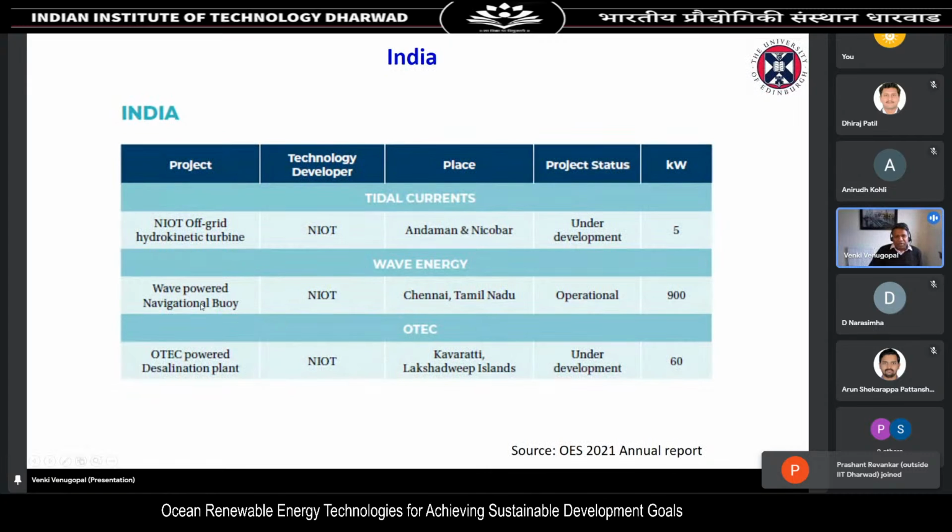NIOT has also developed a technology for wave energy, and they say this is operational. And I witnessed the wave-powered desalination plant when I visited NIOT. So there is more going on in India as well.